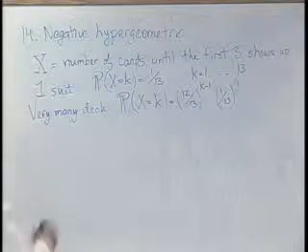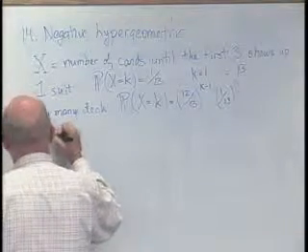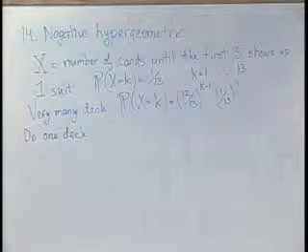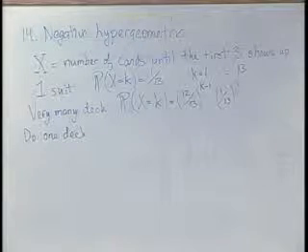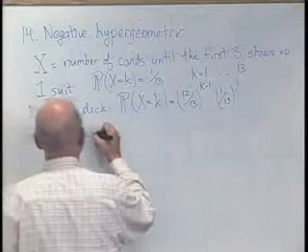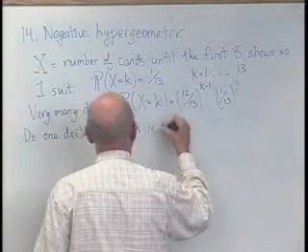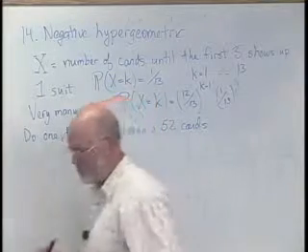So I'm going to do one specific example. I'm going to do the case where you have just one deck, and with one deck you will get 4 fives in 52 cards.